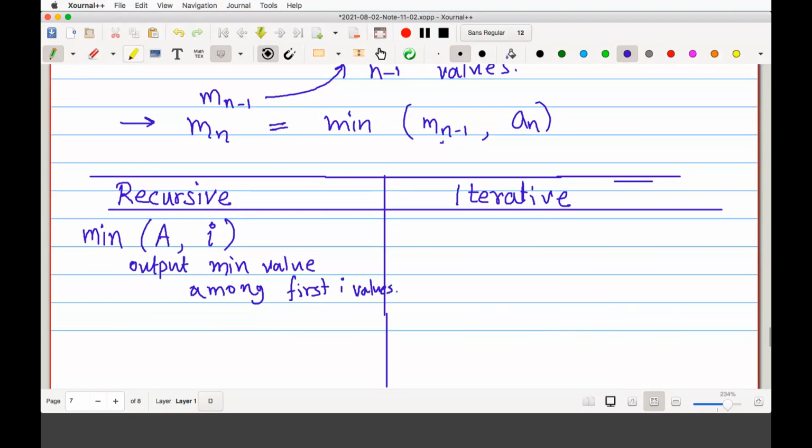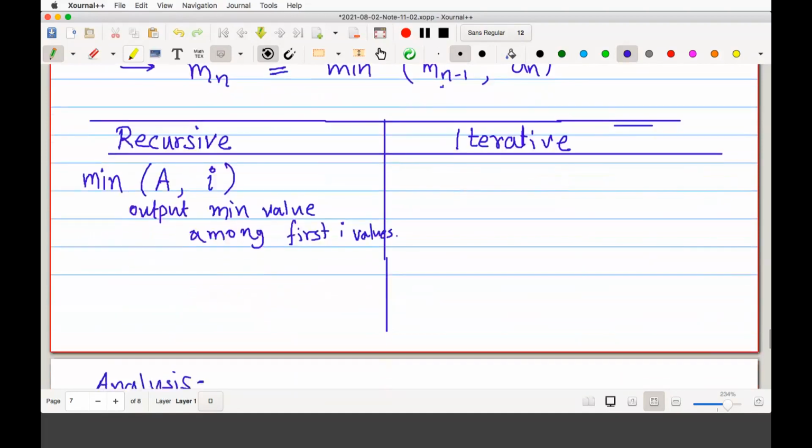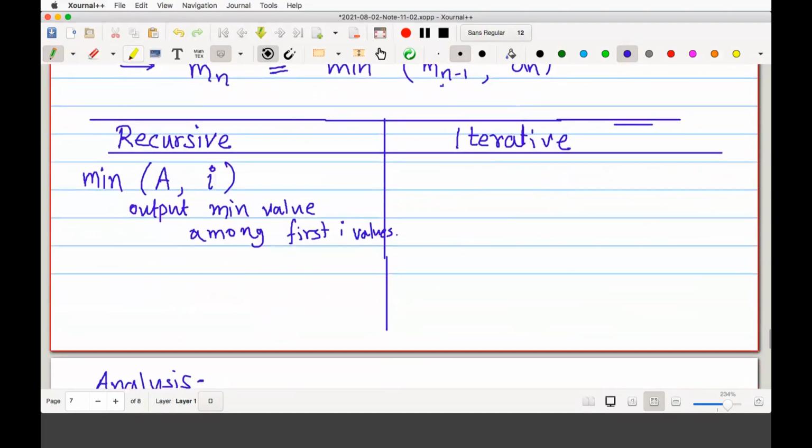You could design this function recursively. If i is equal to 1, then you simply output the first entry, because if you want the minimum among just one value, the value itself is the minimum.